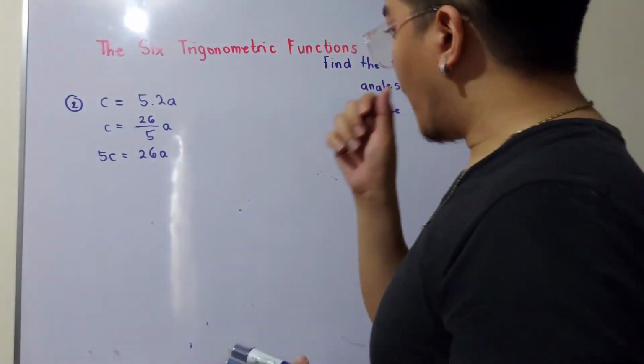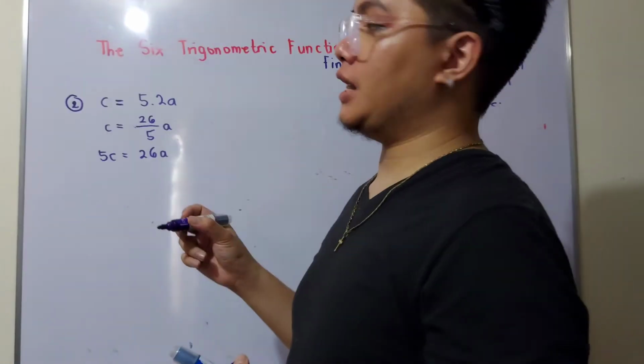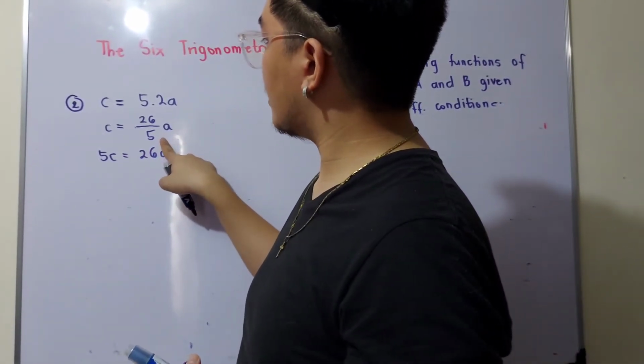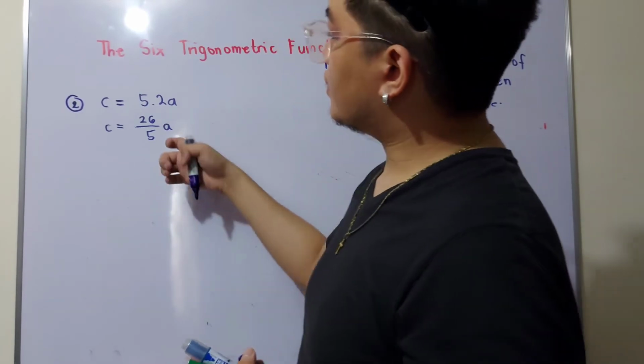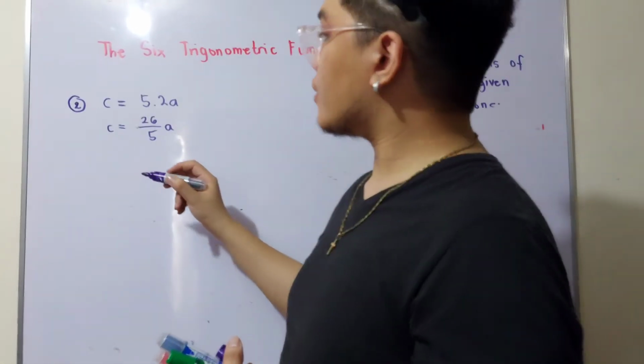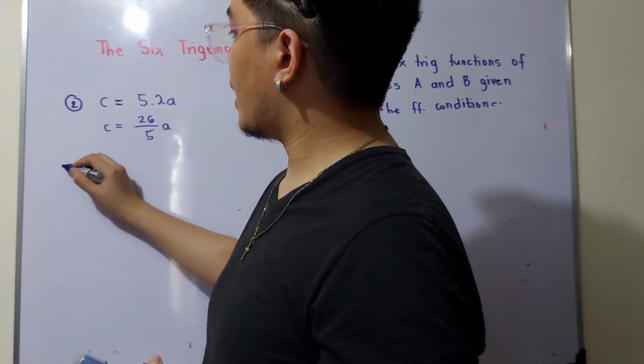So ngayon, using the Pythagorean Theorem, kunin natin si B. C is equal to 26 over 5A. So, pwede na natin itong i-substitute doon sa Pythagorean Theorem.